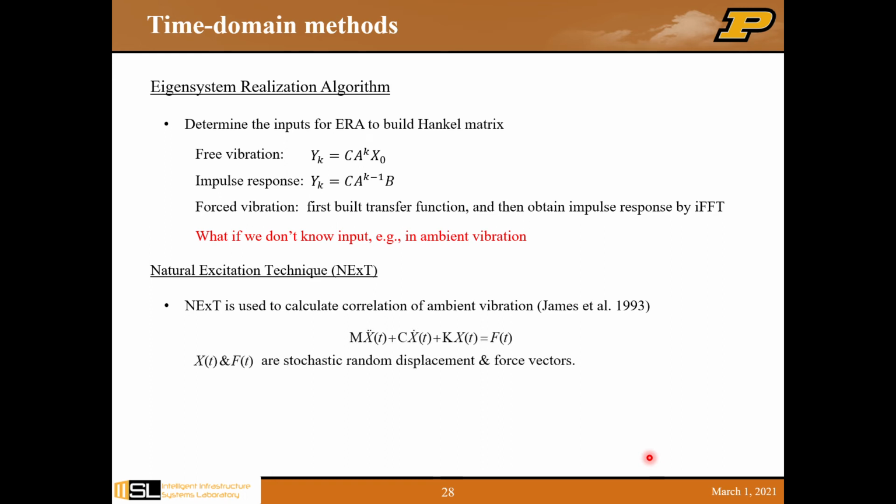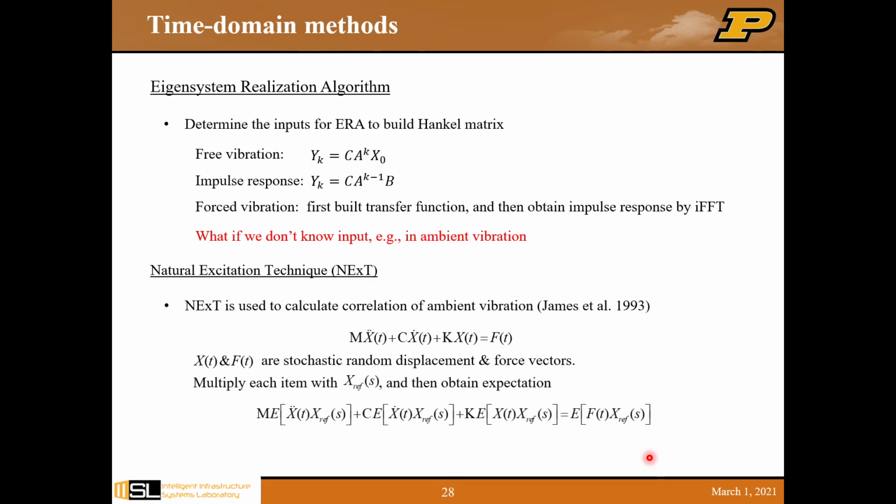Let's look at the equation of motion here. Here, x of t and f of t are both stochastic random displacement and force vectors. Based on that equation of motion, we multiply each item with a reference measurement signal, xref, and then we take the expectation to obtain this equation.